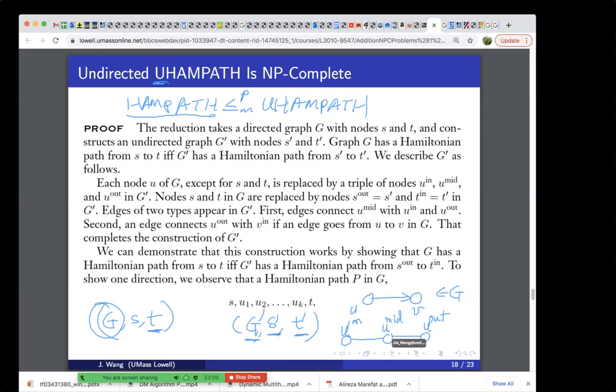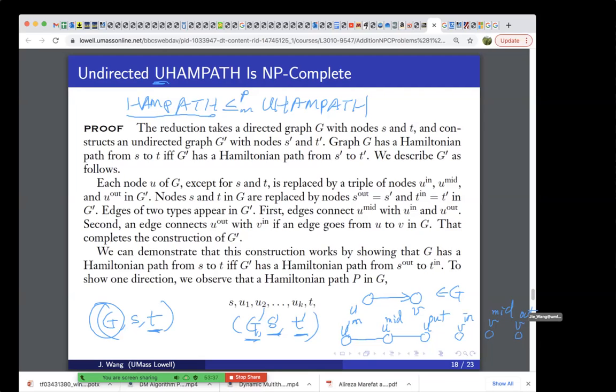So we sort of use this mid to indicate a direction. And then because it goes to V, I have V in, V mid, the middle point, and V out.